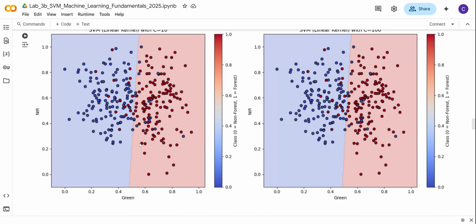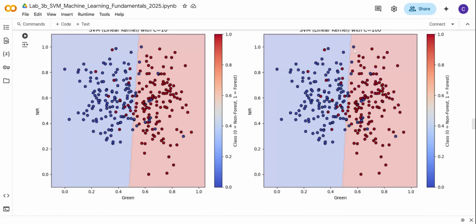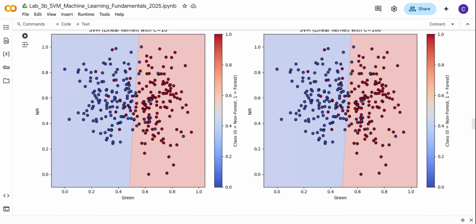You can see for the regularization parameter of 10 we have this decision boundary, and for the regularization parameter C of 100, this is our decision boundary as well. But what we can conclude here is that the linear support vector machine is not doing a good job at classifying the forest and non-forest.